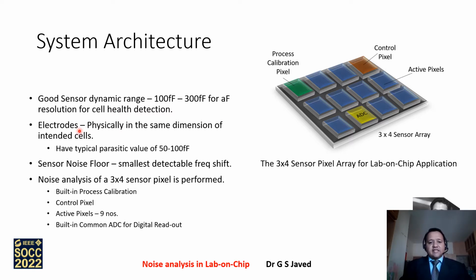Electrodes, which are physically in the same dimension as the intended cells, are best suited for this application. These electrodes have a typical parasitic value of 50 to 100 femtofarads. The sensor noise floor now becomes the smallest detectable frequency shift.